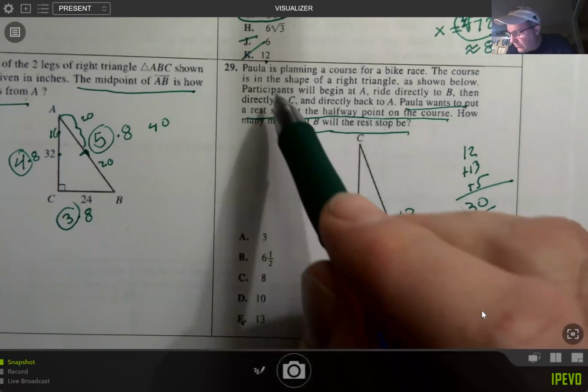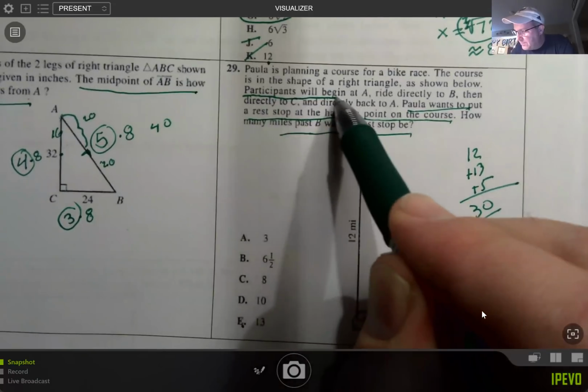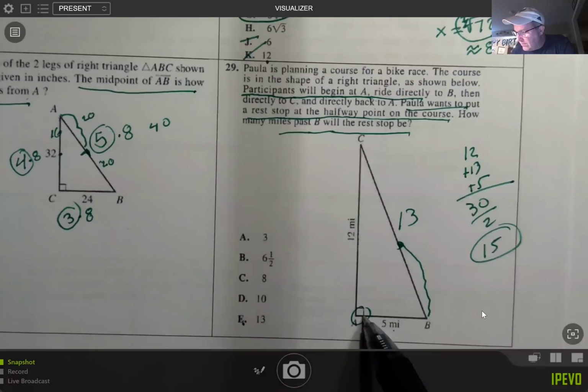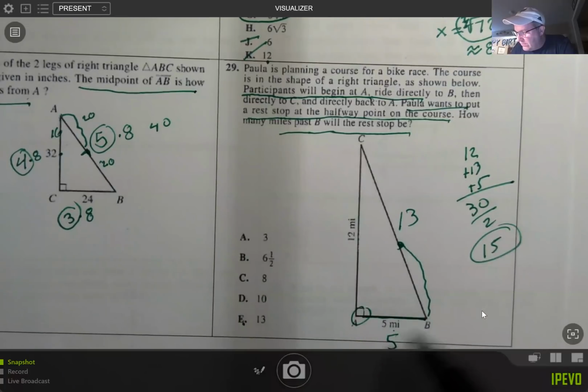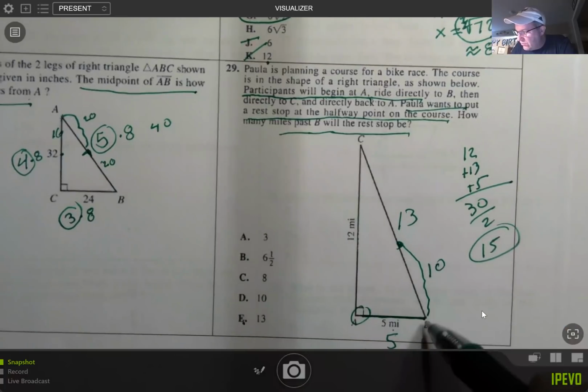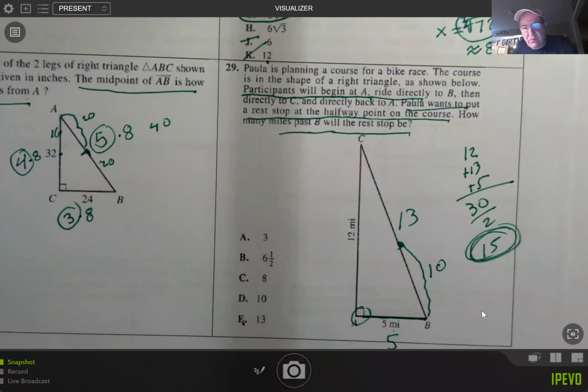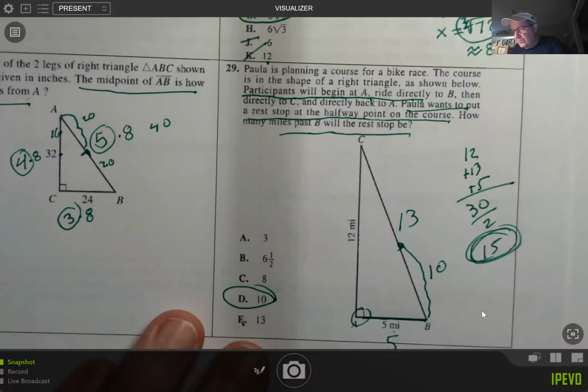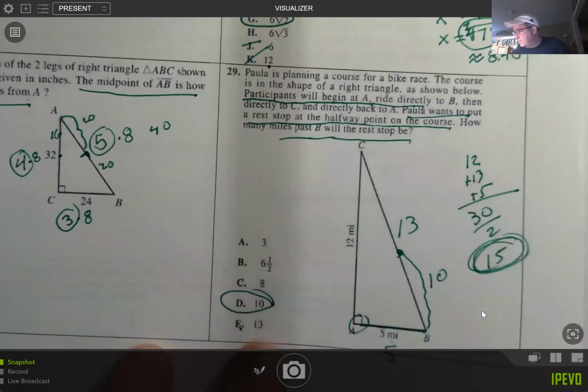It says participants will begin at A and ride directly to B. So we're going to go here 5. Well, that means this distance here must be 10, right? Because we've got to go a total of 15 to put water halfway. So letter D must be our answer. All right, pretty good.